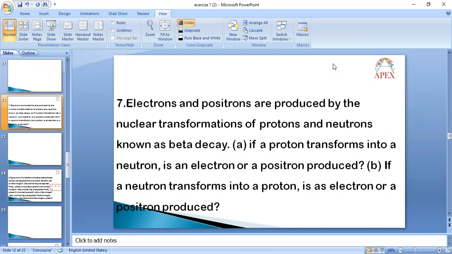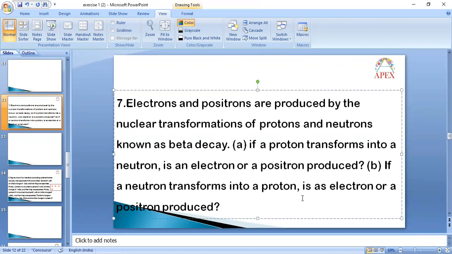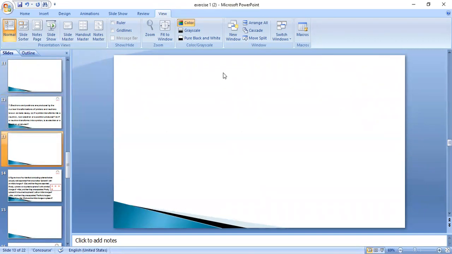If a proton transforms into a neutron in beta decay, either proton has to transform into neutron or neutron has to transform into proton. The first question they are asking, if a proton transforms into neutron, is an electron or positron produced? So when proton transforms into neutron, what is the symbol for proton? We can write here. Proton means single hydrogen atom, we can write 1H1.